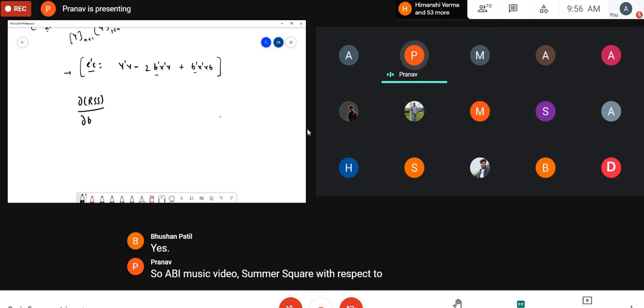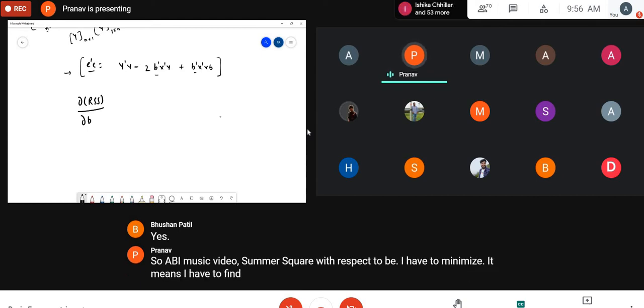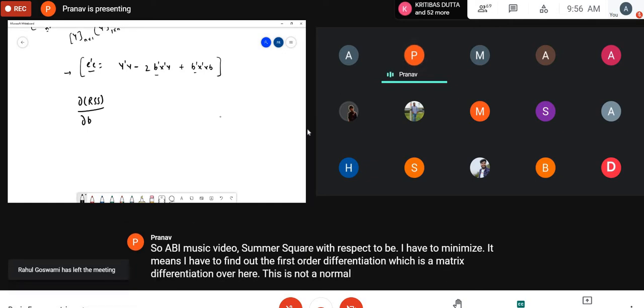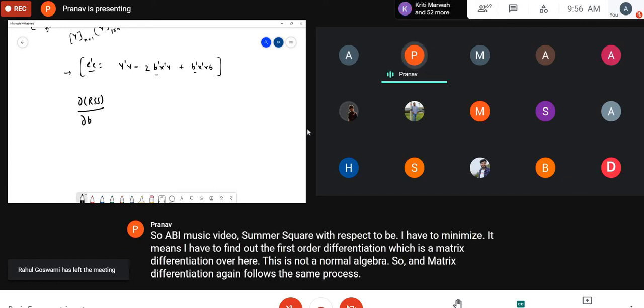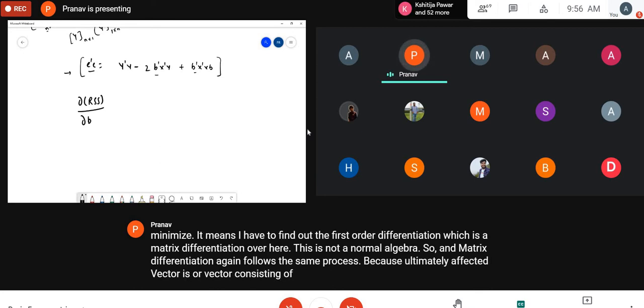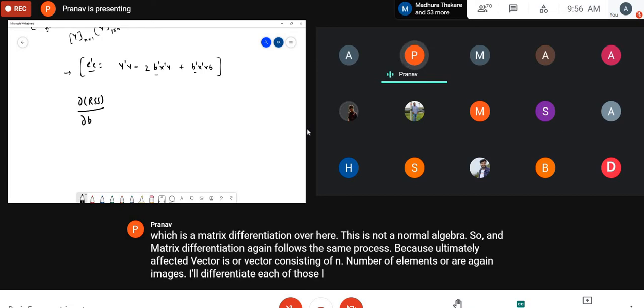So now I have to minimize this residual sum of squares with respect to b. It means I have to find the first order differentiation, which is a matrix differentiation over here. This is not normal algebra. Matrix differentiation follows the same process, because ultimately a vector is what? A vector consisting of n elements, so if I have to differentiate it, I'll differentiate each of those n elements with respect to the differentiating variable.